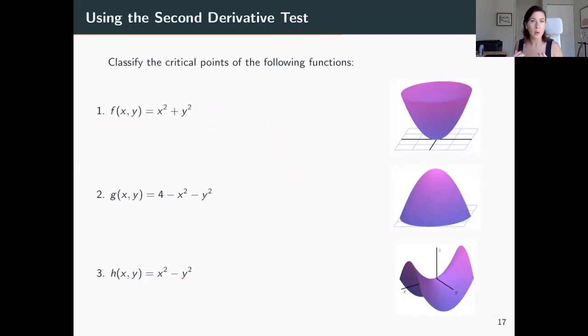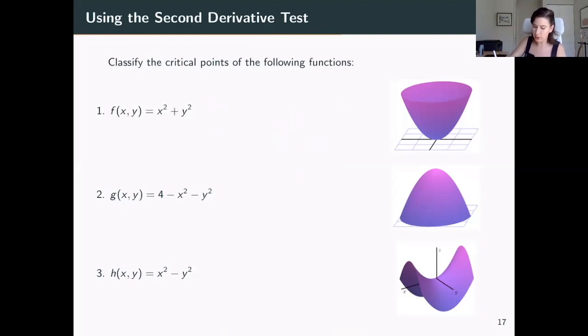So in this example, we're going to classify the critical points of some of these given functions, which the pictures are over on the right. We can essentially tell what we're going to get in the end, but that's beside the point. In order to classify critical points, we first need to find critical points.